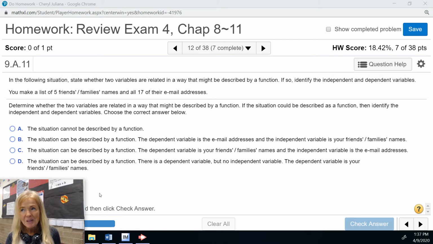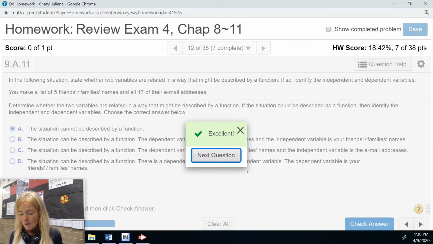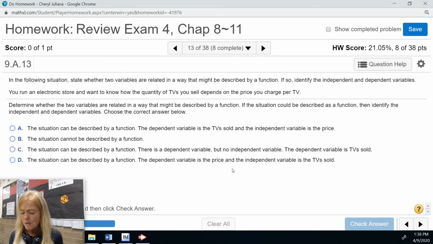Sometimes your email addresses are based on your names and some of them are not. So it kind of depends on the situation. I would say it cannot be described, just because very few of the people I know actually use their names in their email addresses. And I was right. But then I kind of got worried that maybe they might decide that they do use them. I don't know. Oh, lucky.